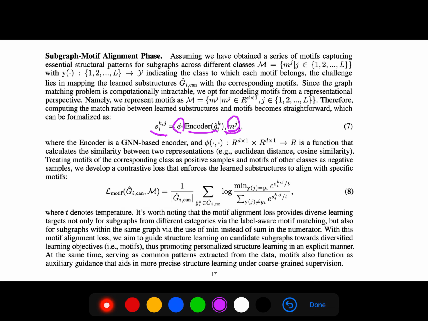So the motif alignment loss provides diverse learning targets not only for subgraphs from different categories via label-aware motif matching, but also for subgraphs within the same graph via the use of mean instead of sum in the numerator.